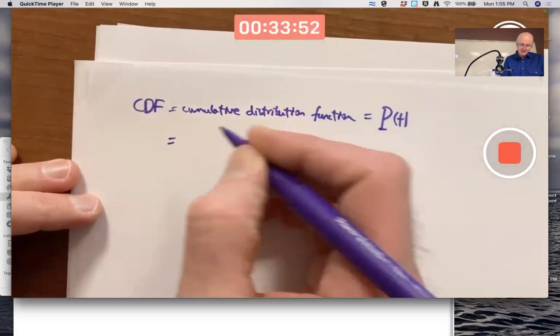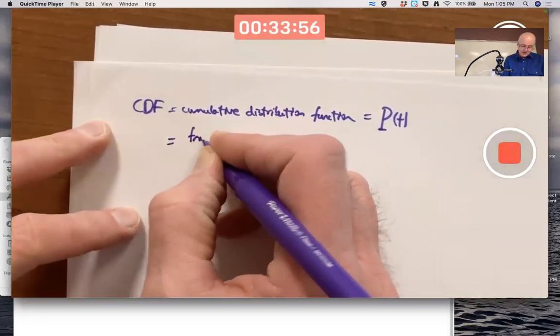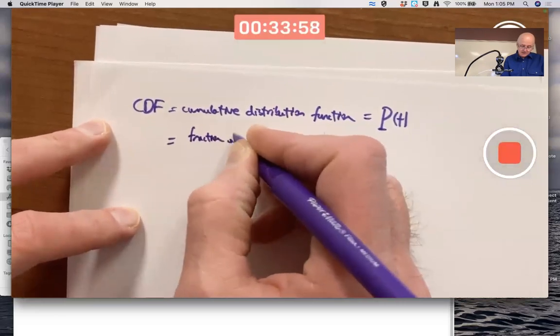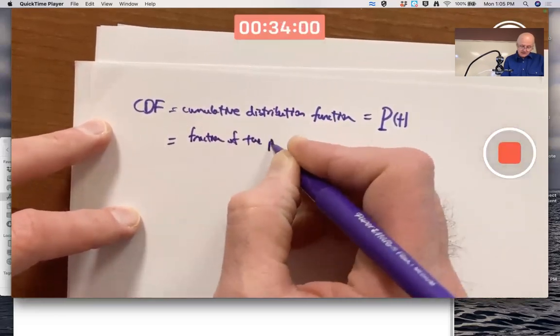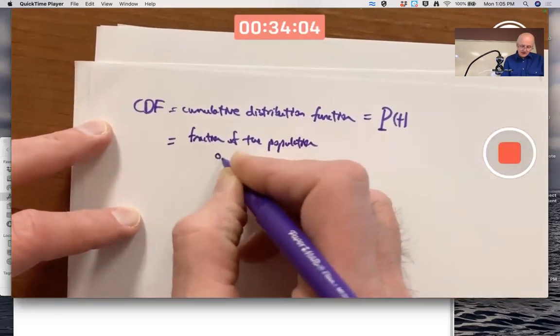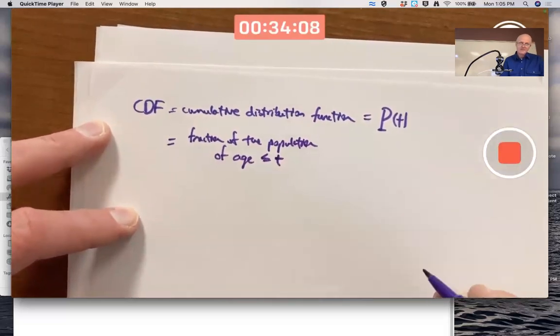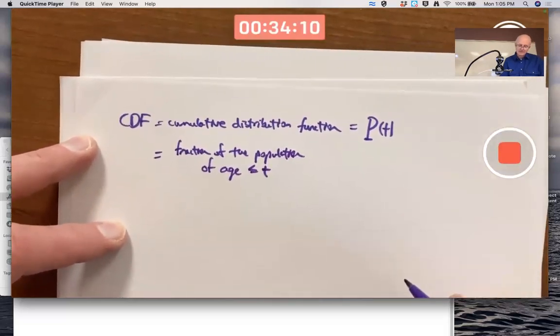In terms of fraction of the population, it can be interpreted as the fraction of the population, for our example of ages, of age less than or equal to t, whatever t happens to be.